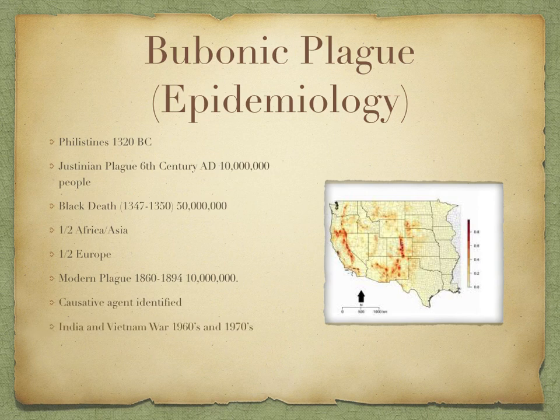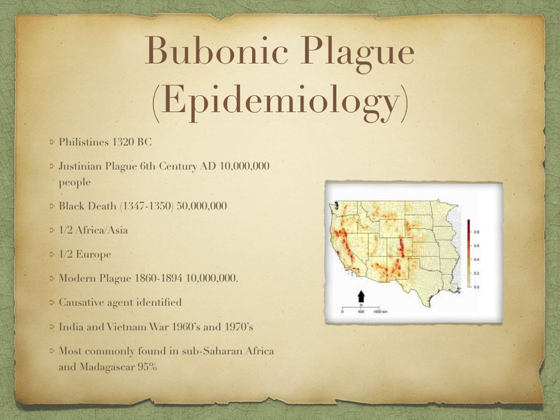After the causative agent was identified in the modern plague, we were able to start preventing against it fairly well. And then in India and Vietnam in the 1960s and 70s, we saw some of it because it was weaponized. But mostly today it's found in sub-Saharan Africa and Madagascar.